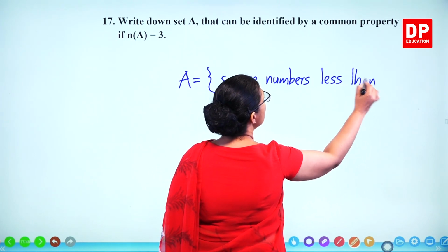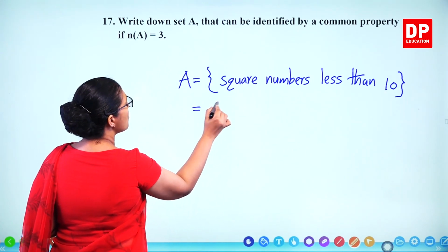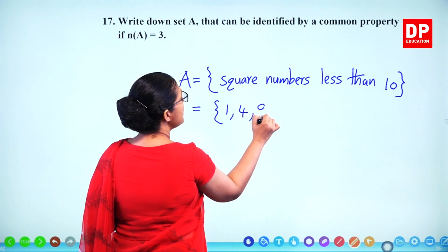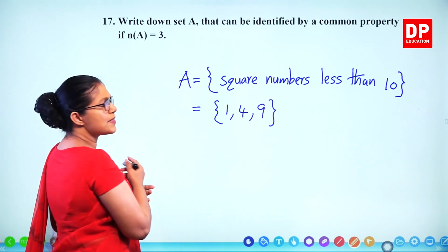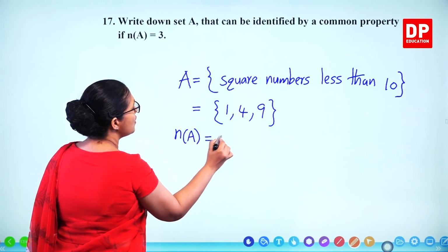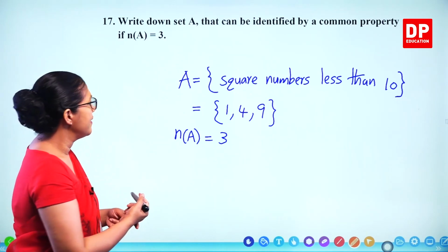What are the square numbers? You get square numbers 1, 2 times 2, 4, 3 times 3, 9. So only 3 outcomes are there. So number of elements in A is equal to 3. So one example is square numbers less than 10.